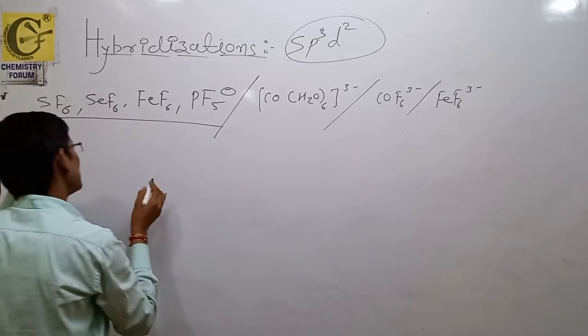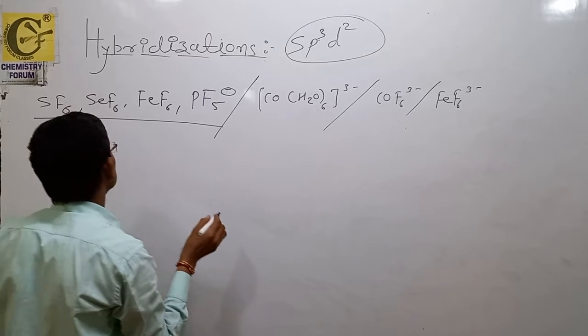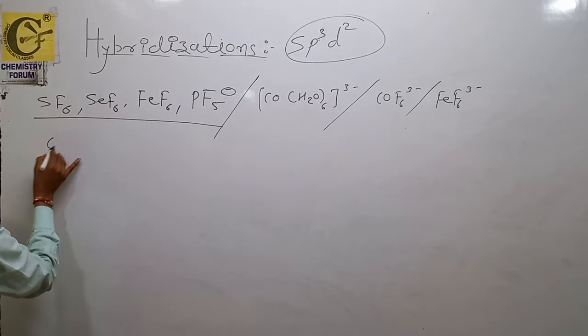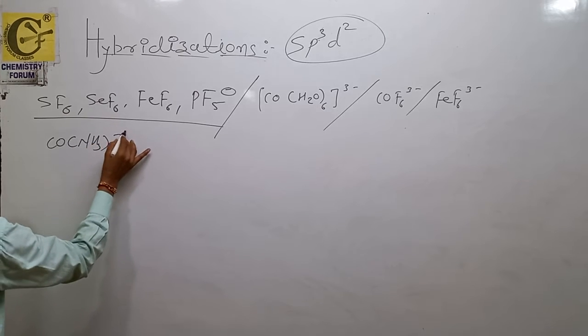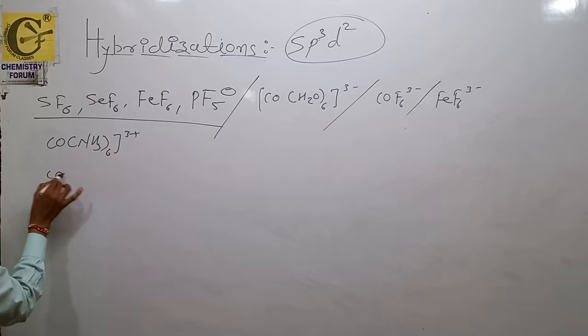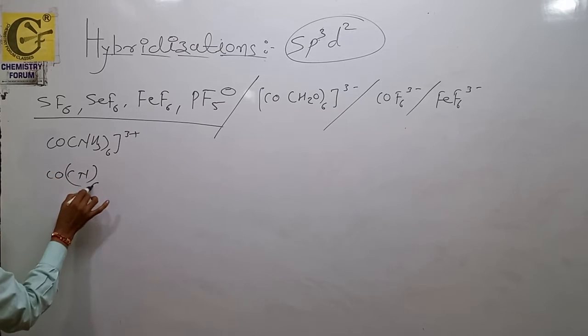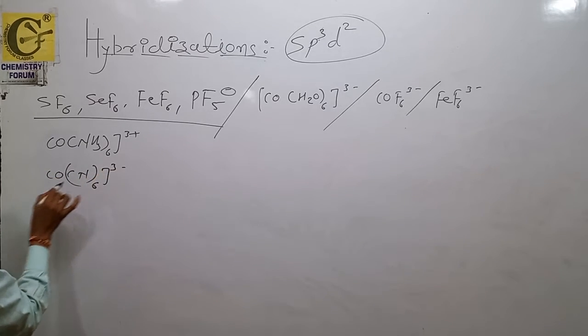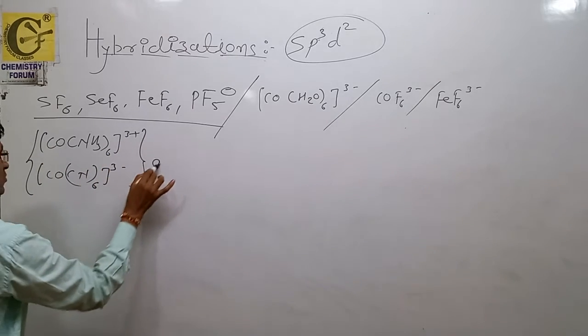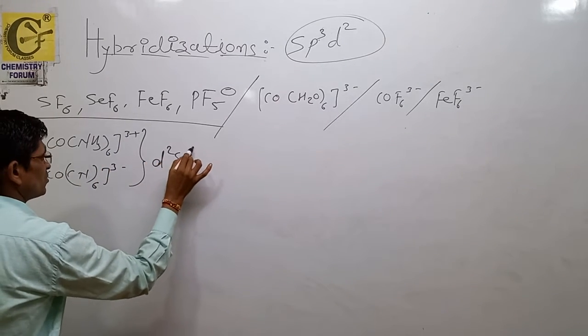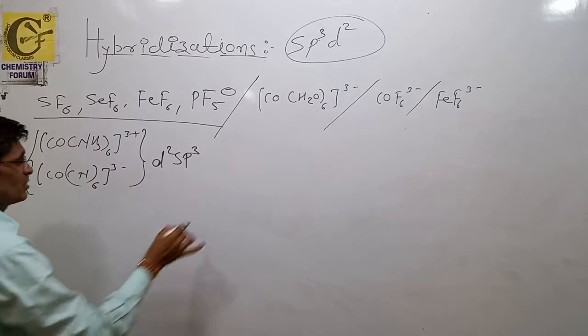Another type of example is Co(NH3)6 3 positive, and Co(CN)6 3 negative. These two examples possess d2sp3 hybridization.